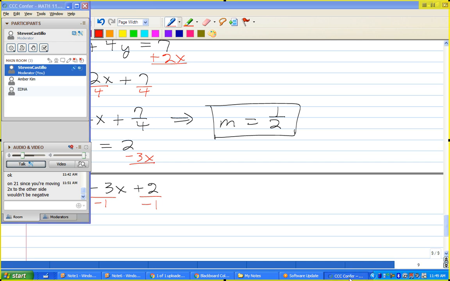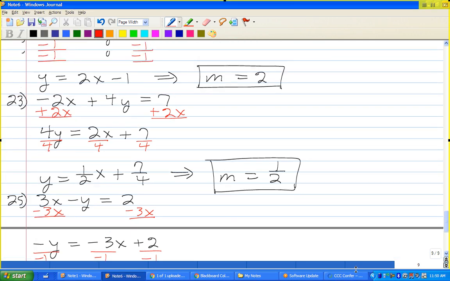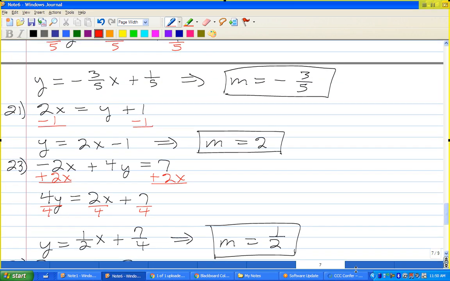Oh, no, I didn't. Oops. It was a sleight of hand. So it's 2x minus 1 equals y, which you could just read the other way.